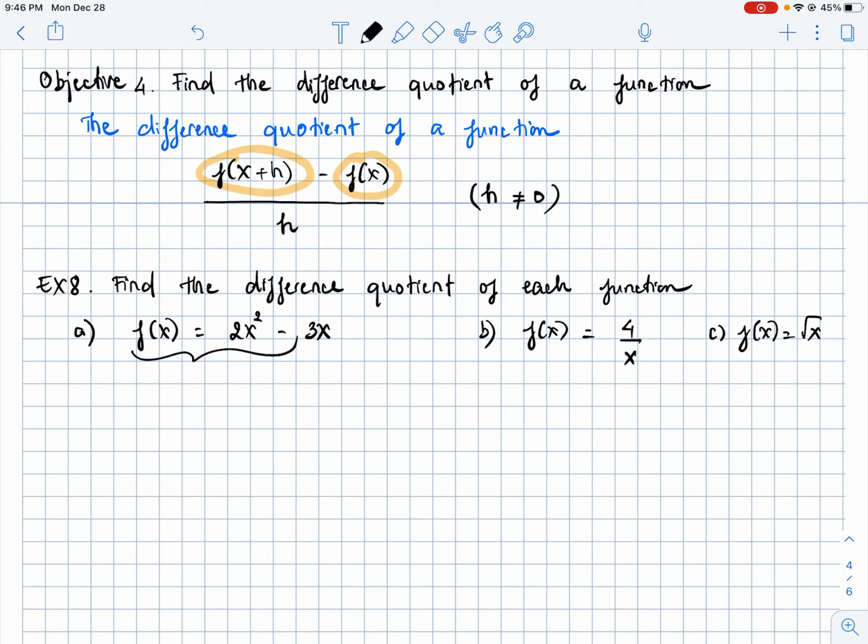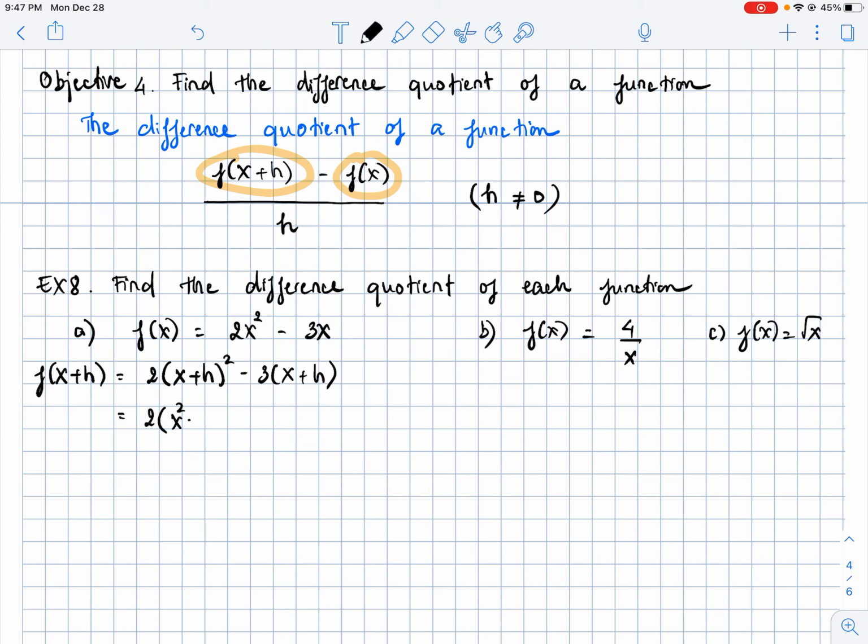For the first one, f of x, we already have right here. Now we need to calculate the f of x plus h. We replace at the x location by the x plus h.